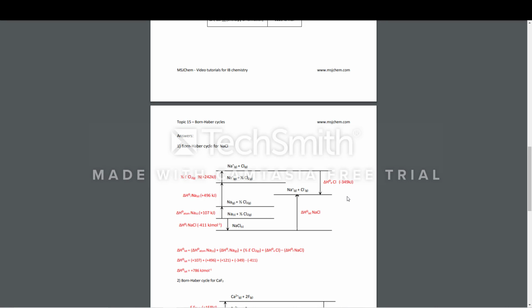Yeah. So this one is the electron affinity here, and is symbolized here. You can see there's an E, but sometimes I write EA just to symbolize electron affinity.